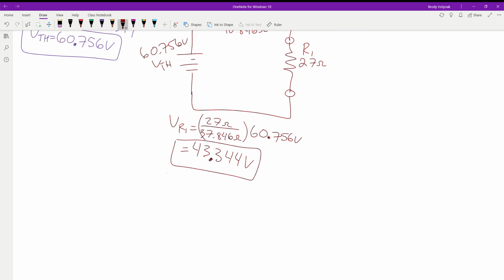The last thing we need to find is the current of R1. So we take the voltage of R1, divide it by the resistance. So we get 43.344 volts divided by the 27 ohms. 1.605?